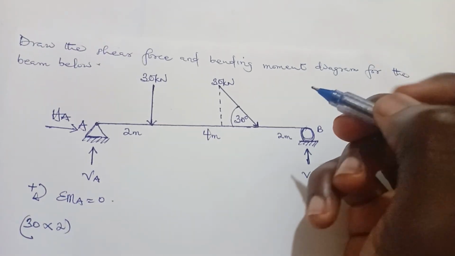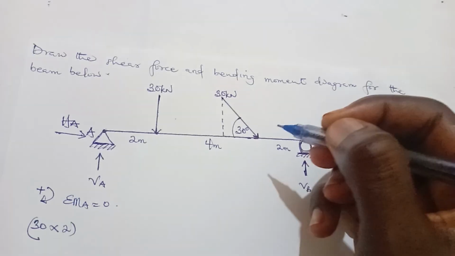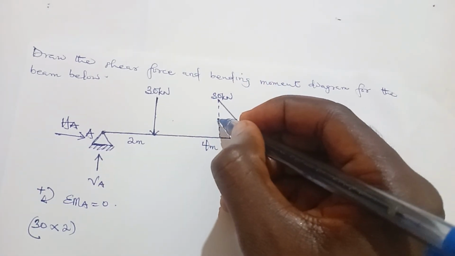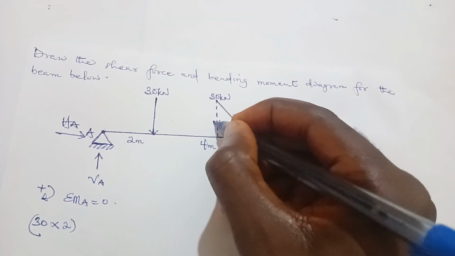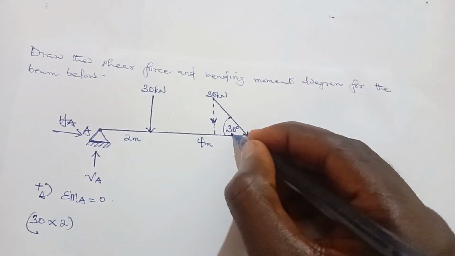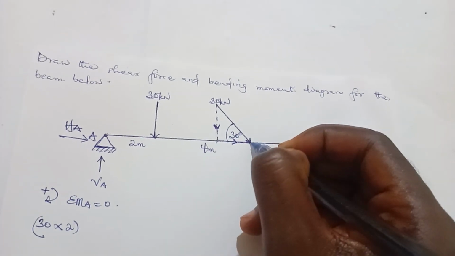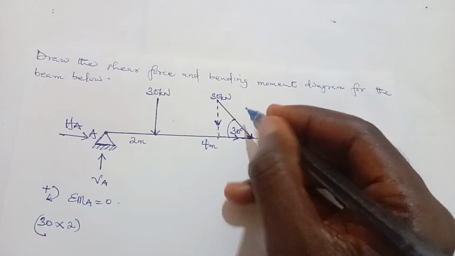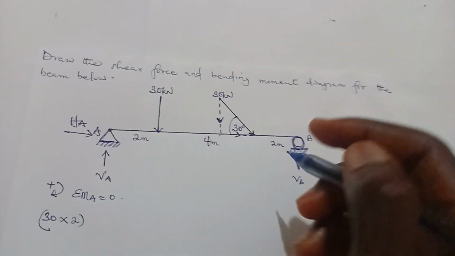This is the resultant, so we move in this direction and then in this direction to get to where the resultant is going. So the direction of the arrow is going to look like this.